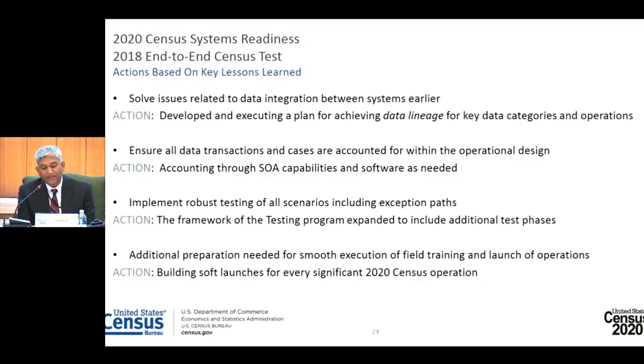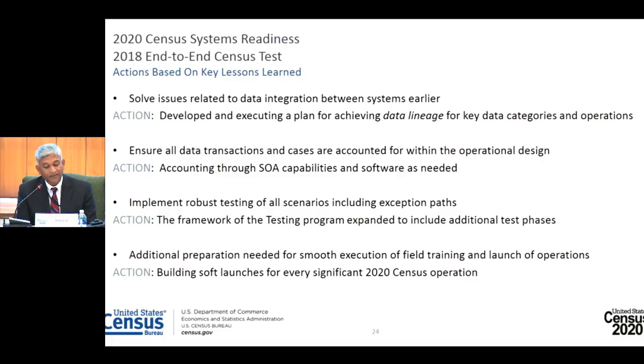In relation to the data integration issues between systems, we have developed and are executing a plan to achieve data lineage for key data categories and operations. Data lineage documents the life cycle of data items from creation through maintenance to use. Priority areas where data lineage is needed are response data, paradata, and address data.